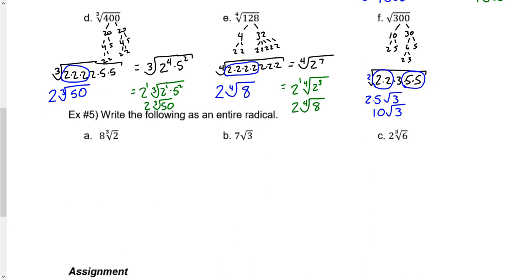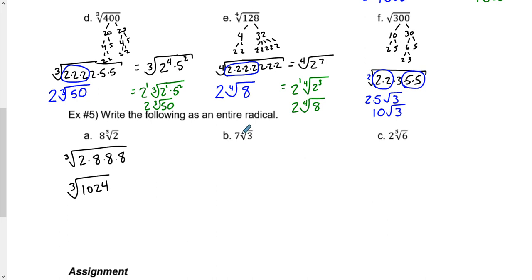So what that means is if I have that cube root, I have a 2 still left underneath, I'm going to take my 8 and put it underneath my radical 3 times. I get the cube root of 1024.